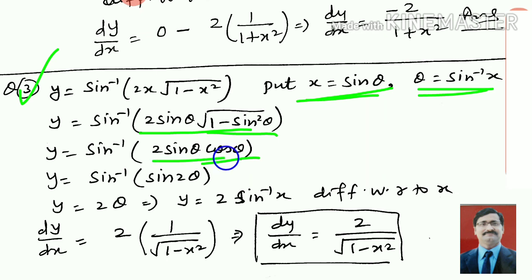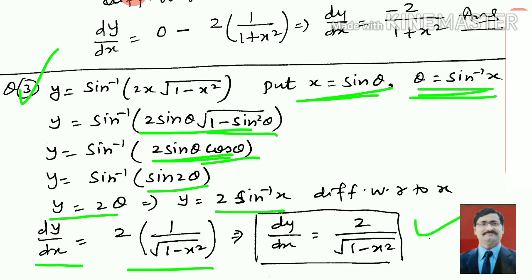So you get 2 sin theta cos theta, and 2 sin theta cos theta you know already is sin 2 theta. So sin and sin inverse cancel, you get y equals 2 theta, and theta again is sin inverse x, so y equals 2 sin inverse x. Now you differentiate with respect to x: dy by dx equals 2 times 1 upon root 1 minus x square. So dy by dx is 2 upon root 1 minus x square.